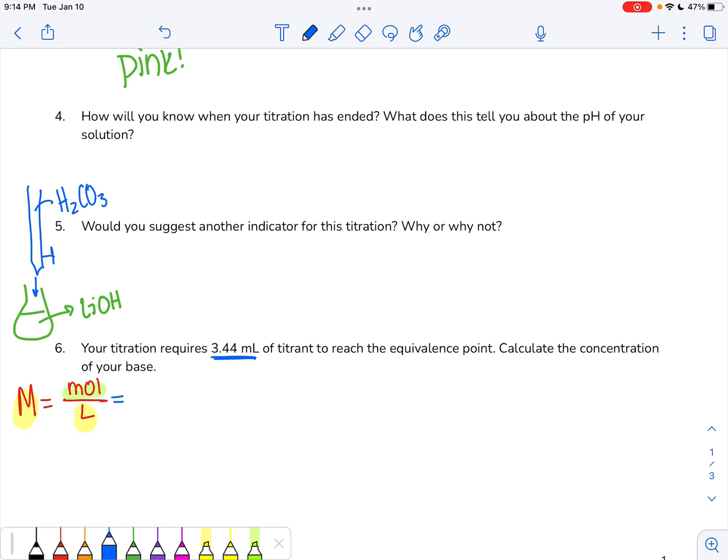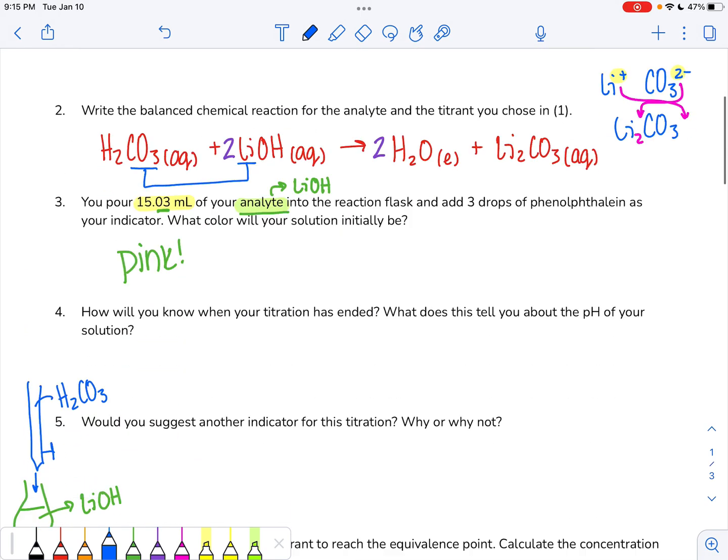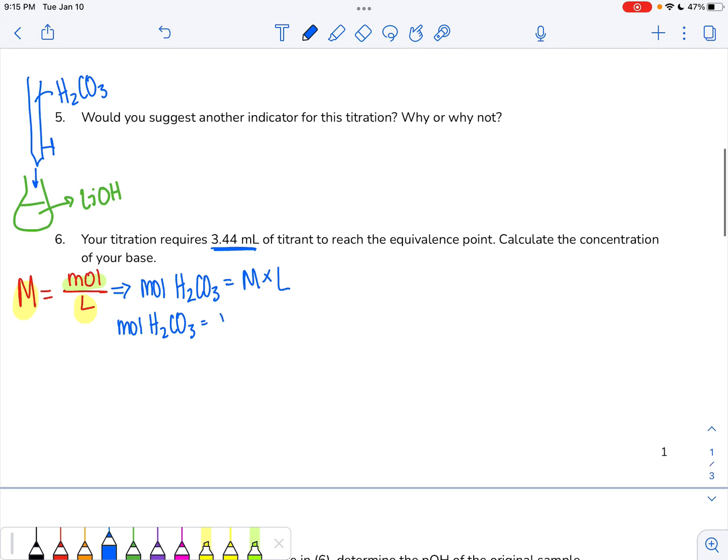So let's rearrange this equation, and we end up with moles of H2CO3 equal to the molarity times the volume. So the molarity of our titrant is right up here: 0.1 molar.